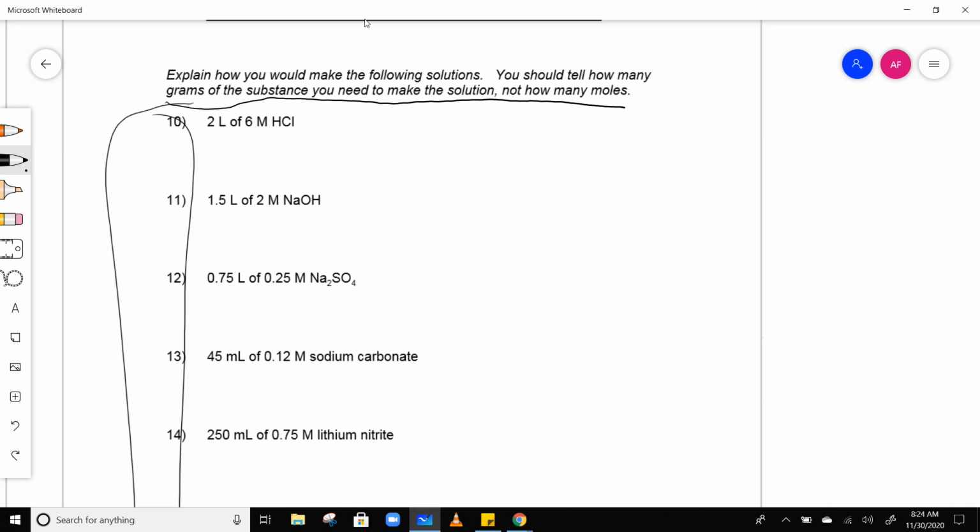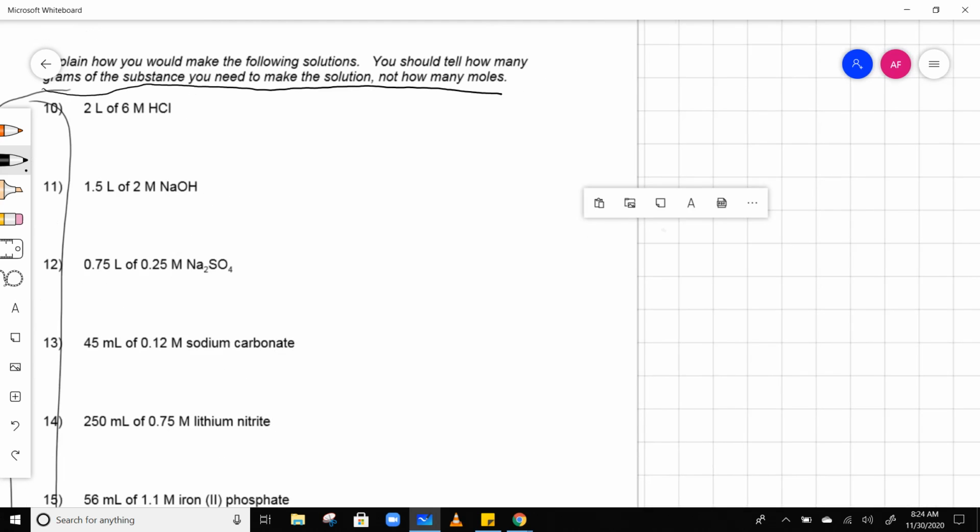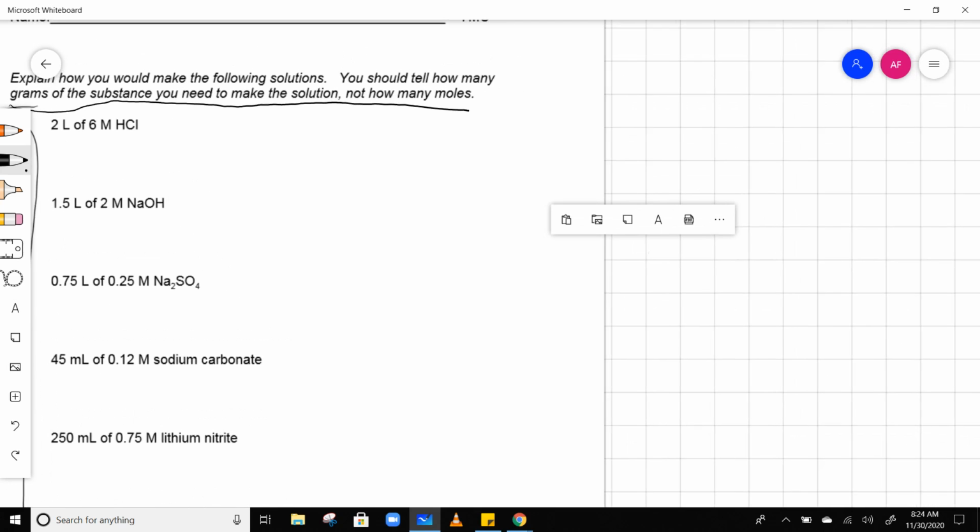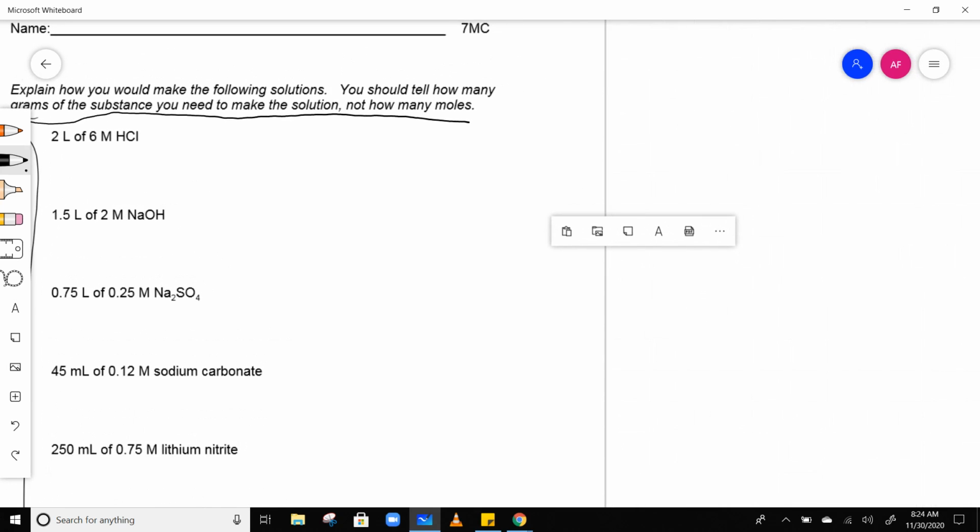So for example, I'm going to make up a new one. Instead of 2 liters of 6 molar HCl, let's say I want to make 4 liters of 4 molar HCl. How many grams of HCl do I need?